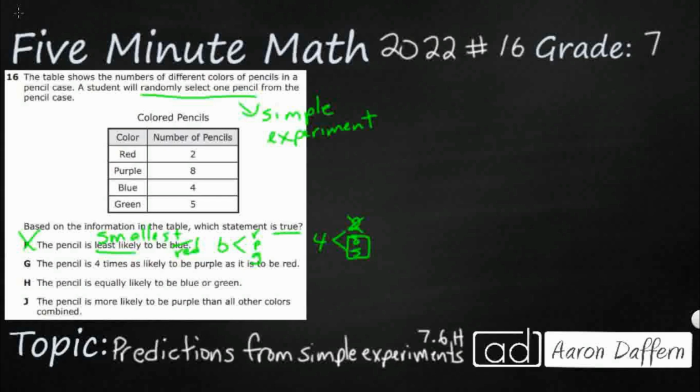Let's look at G. The pencil is 4 times as likely to be purple as it is red. So we're going to say purple equals 4 times red. 4 times as likely to be purple as red means we take that red, multiply it by 4, and it should get us the purple.